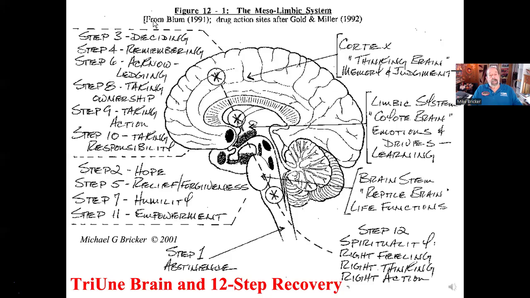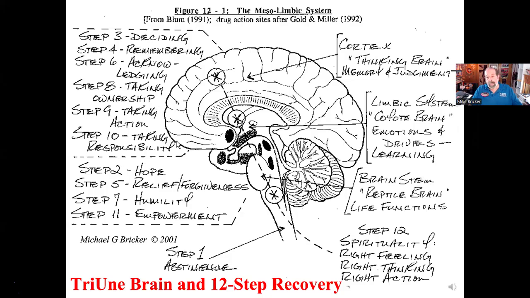Then a lot of the other steps, what we sometimes call the action steps, really target the prefrontal cortex, all right? Good decision making, remembering how bad things were, acknowledging my shortcomings as a human being, beginning to take ownership, taking responsibility. All of those things target the smart brain.